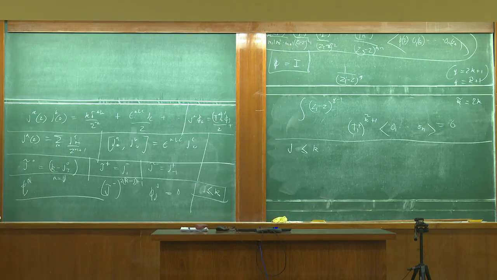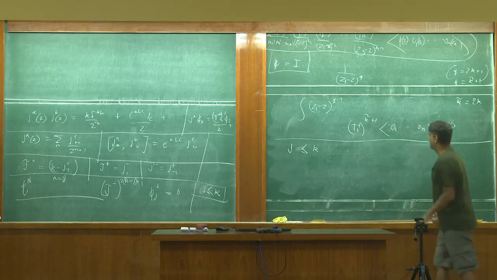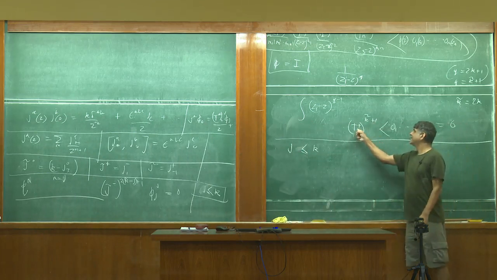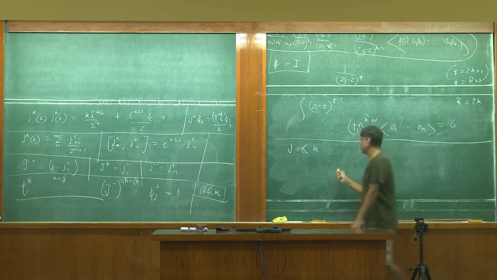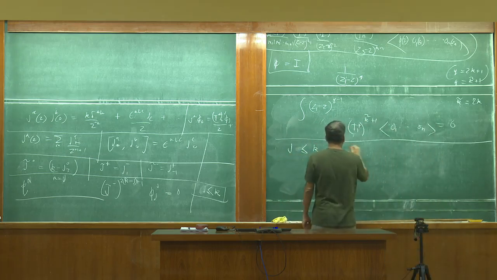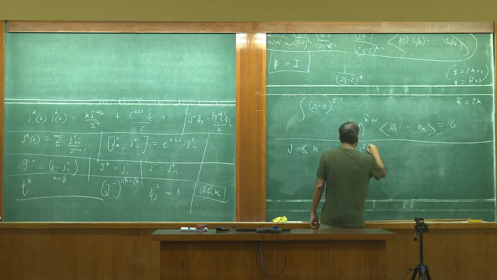Now suppose you were in a unitary representation and you act with t1 plus to the power k tilde plus 1, which is equal to t1 plus to the power 2k plus 1.